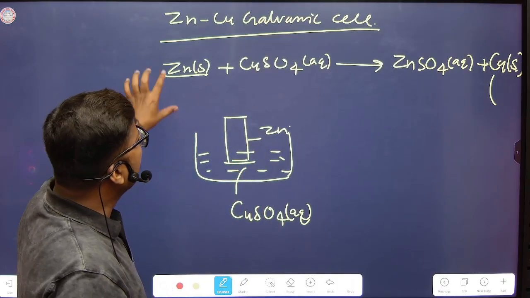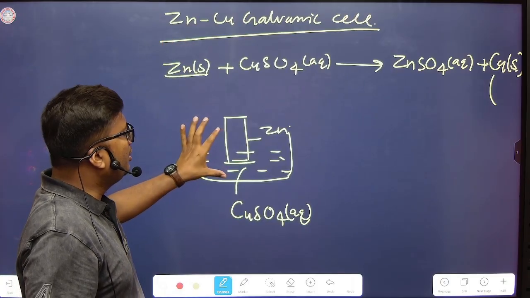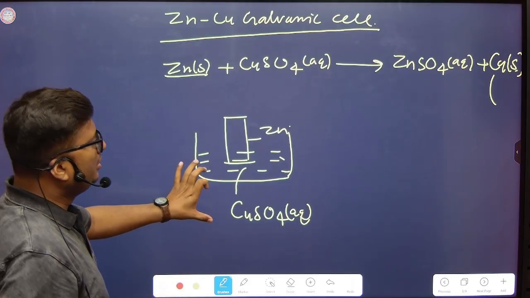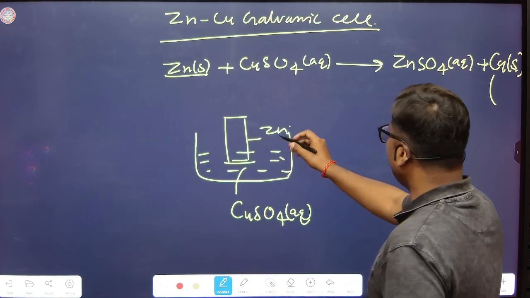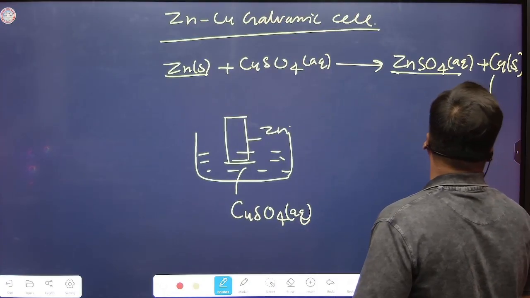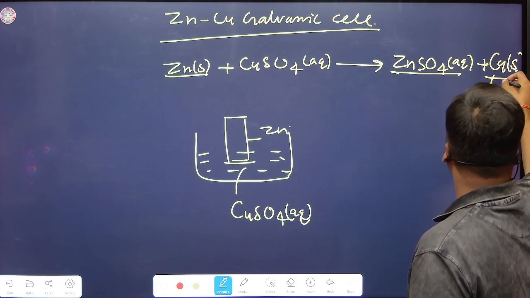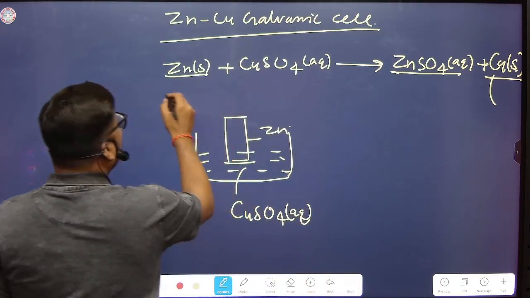Once this zinc rod is dipped in the copper sulfate solution, copper is displaced from the electrolyte solution and zinc is inserted in the electrolyte solution. So it forms zinc sulfate and copper solid is precipitated out.